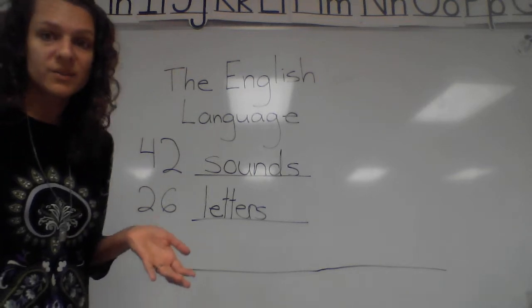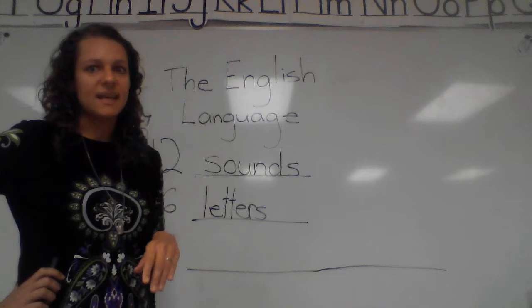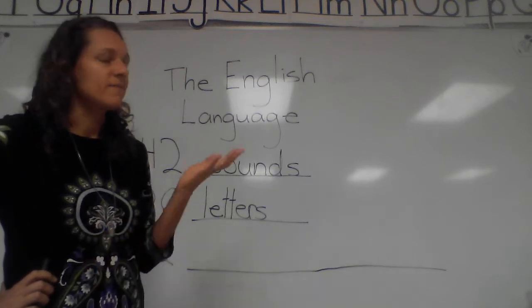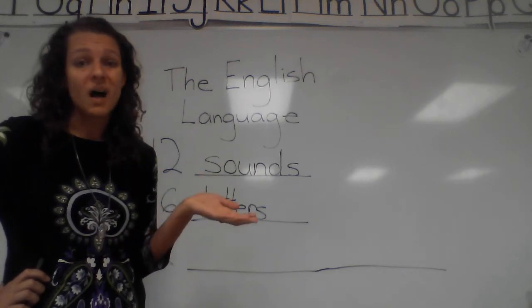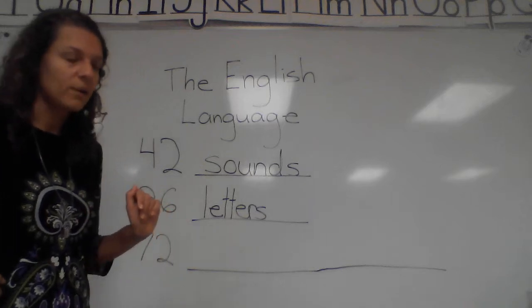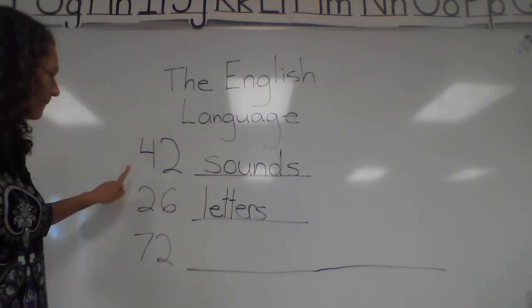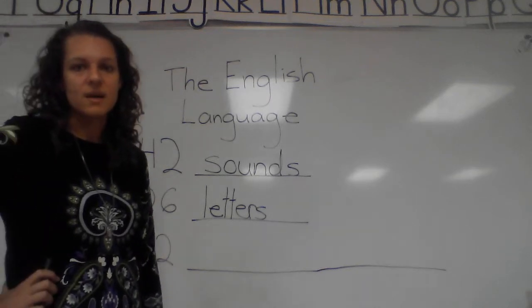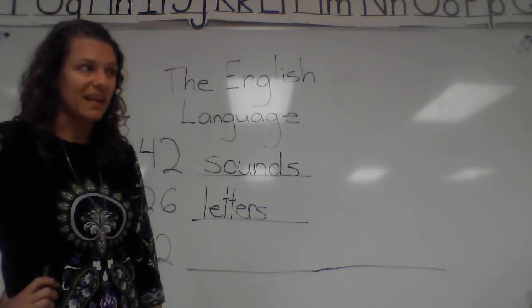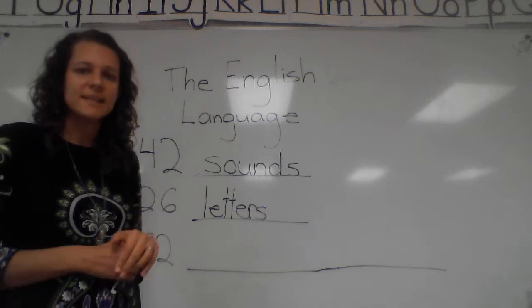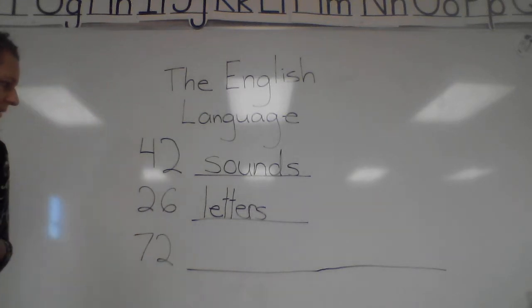And if you were at our school before, then you know that's the case. Our vowels, for example, we know those all make more than one sound. So we've got 42 sounds and 26 letters, so it seems like probably some of our letters are going to make more than one sound. All right.